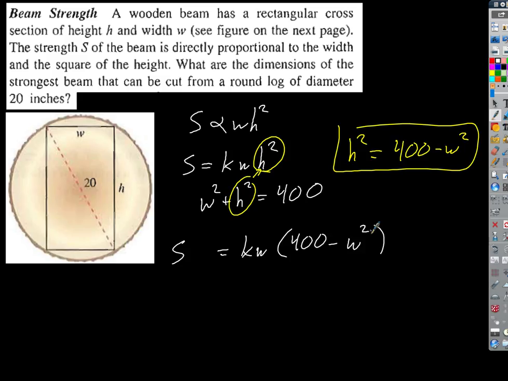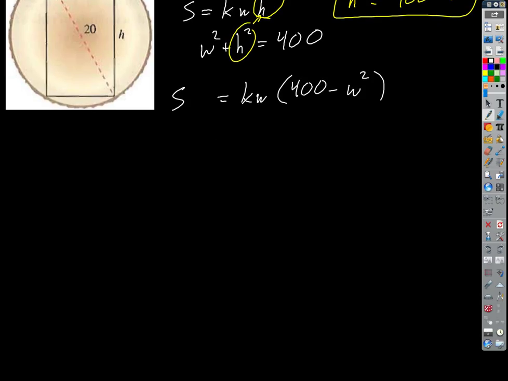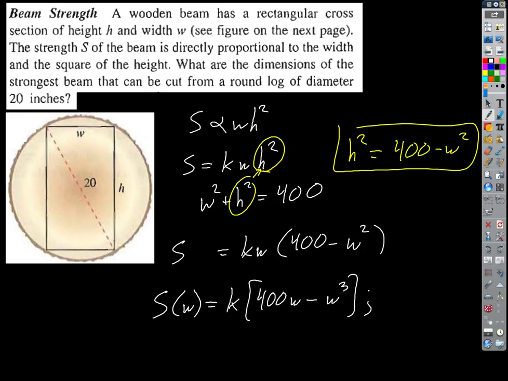I can distribute the W, and I just get a polynomial, which is great. So S of W equals K times (400W minus W cubed). And what's going to be our domain in this case? 0 to 20. That makes sense?